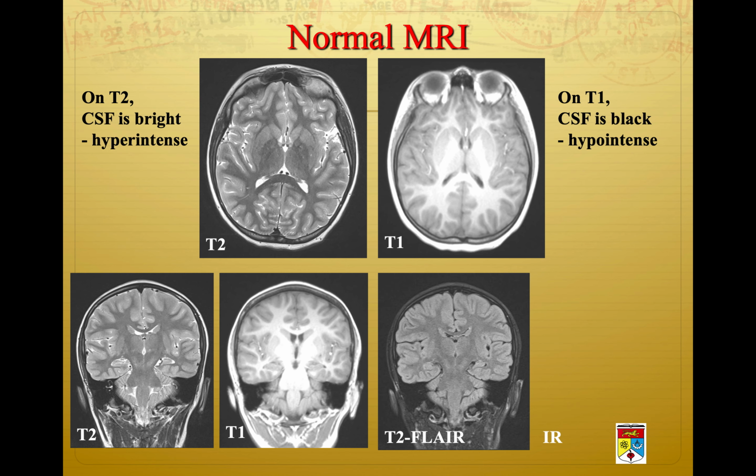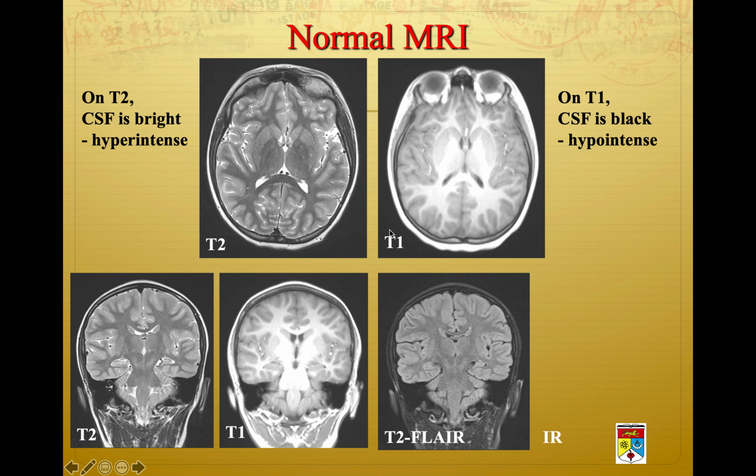the two basic sequences that you need to know are T1 and T2. It's based on the physics of the MRI, so I will not go into detail, but just understand that in the brain, if you see the CSF, the cerebrospinal fluid in the lateral ventricle, is black, the grey matter is grey, and the white matter is white, then this is T1.